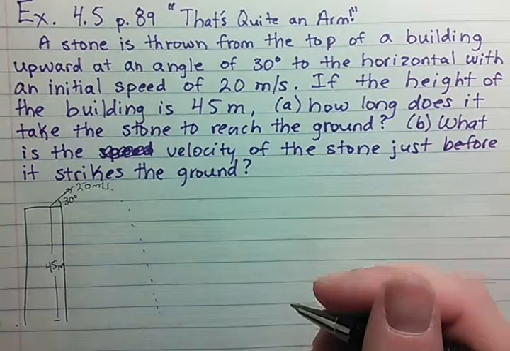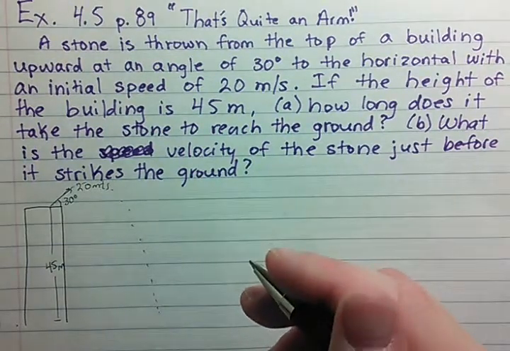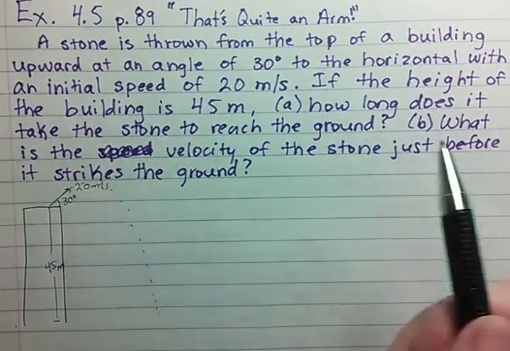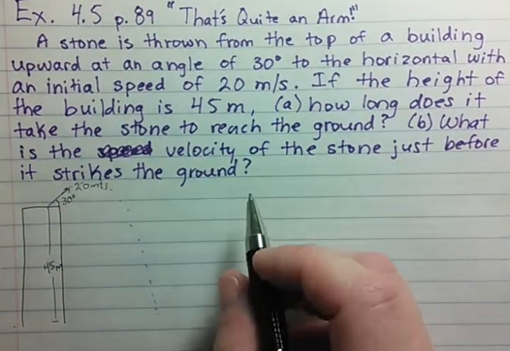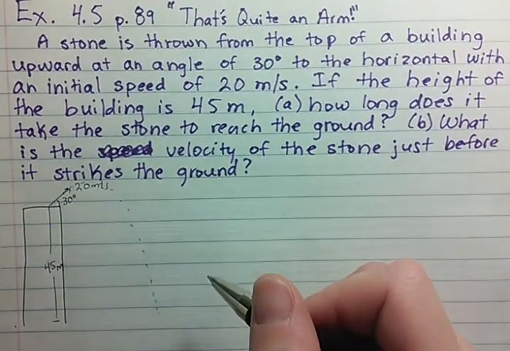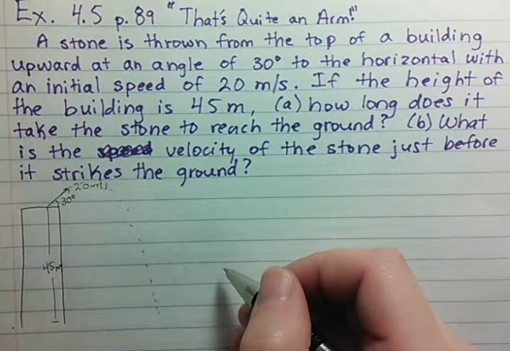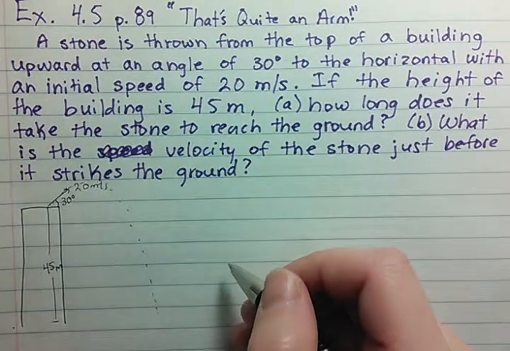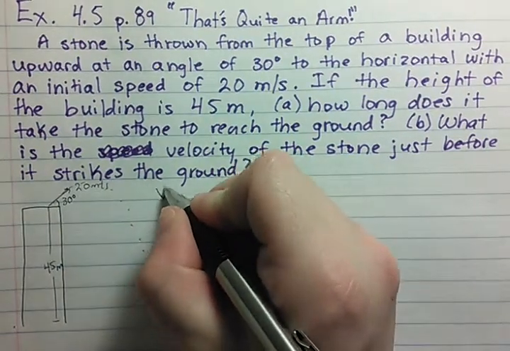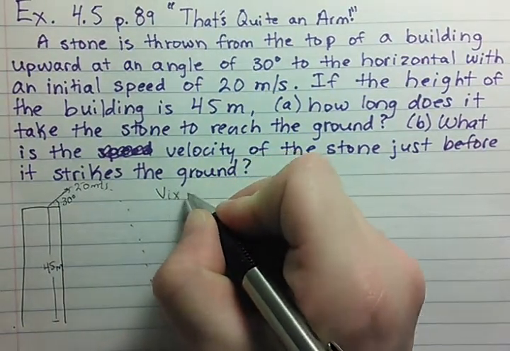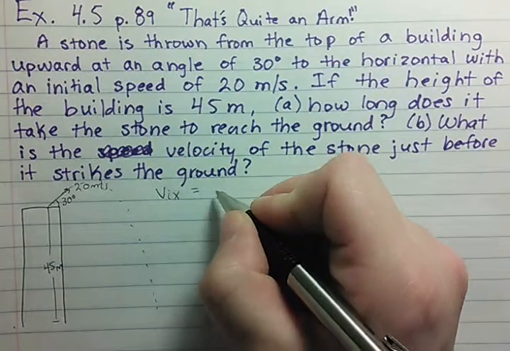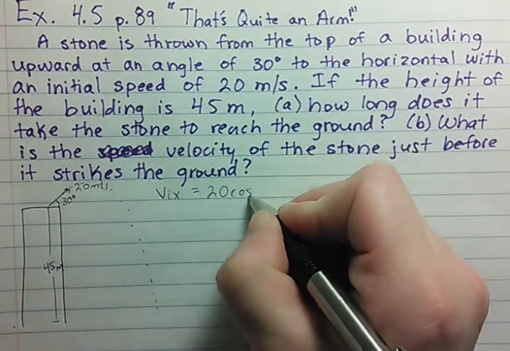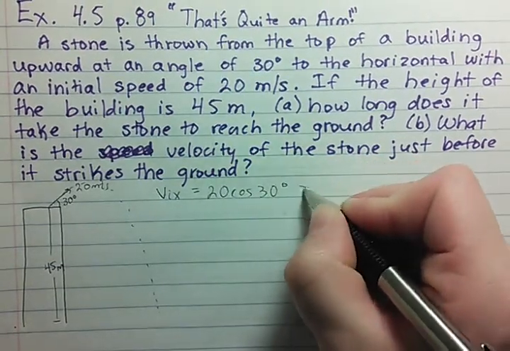Okay. Next, let's figure out our knowns and our unknowns. Oh, and it looks like we don't have to convert anything here. Now, the first thing you want to do, usually with projectile motion problems, is get the initial components of the velocity. So the initial component in the x direction is going to be 20 cosine 30 degrees.